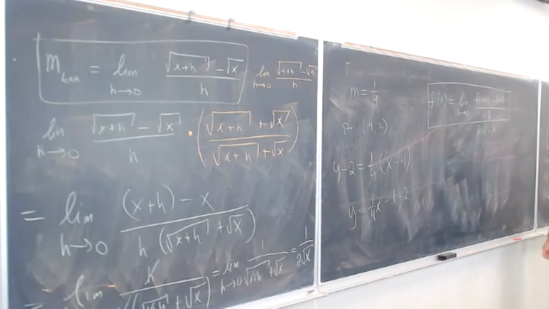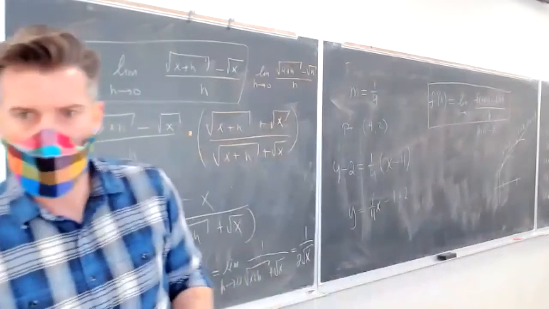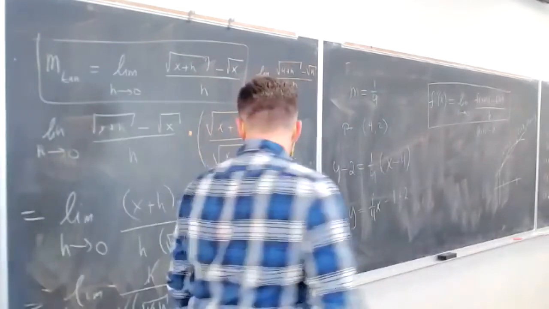It's just the slope between those two points, x comma f of x and x plus h comma f of x plus h. That's all we're finding, the slope between those two points, and then taking the limit of it.